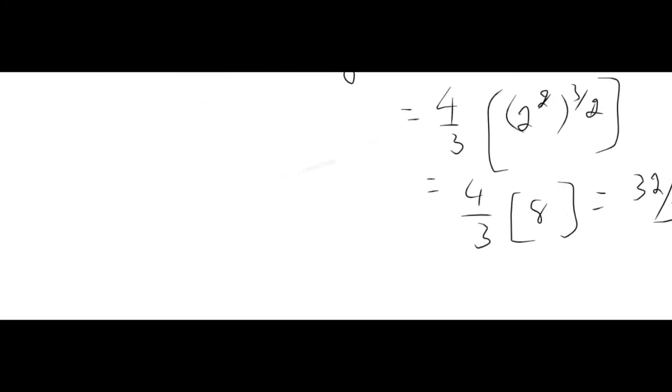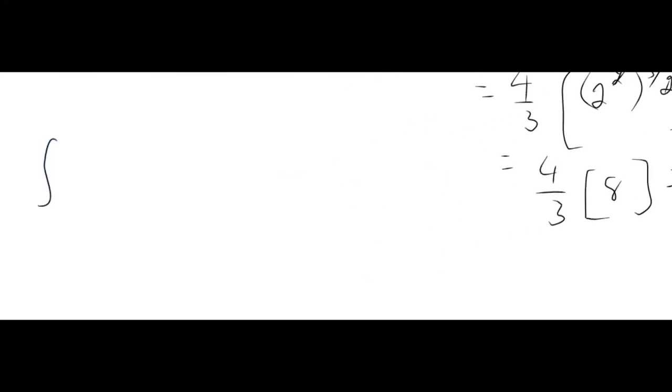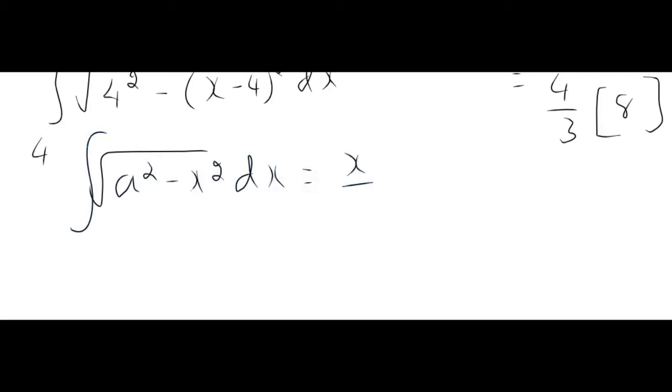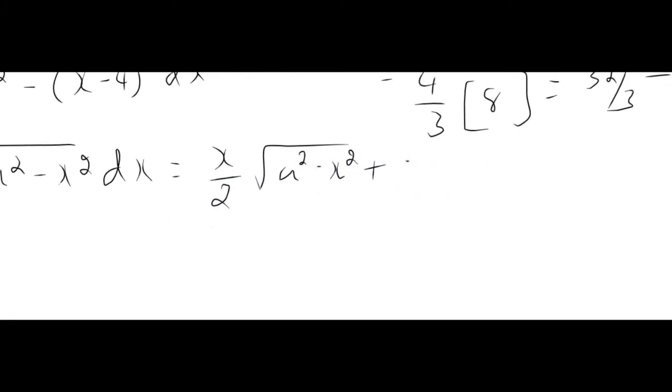Now the second part of the curve is now going to be integration of 4 to 8 square root of 4 squared minus x minus 4 the whole squared dx. Obviously we know the formula, it is of the form a squared minus x squared, which is nothing but x by 2 square root of a squared minus x squared plus a squared by 2 sine inverse of x by a.